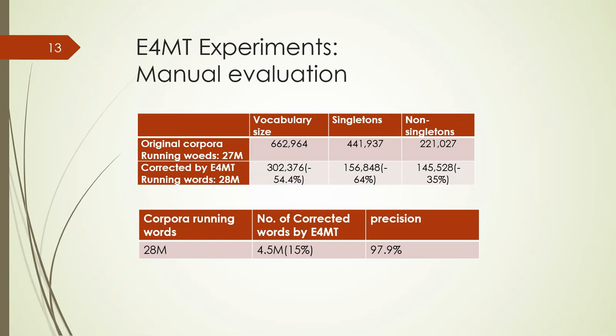E4MT also reduced the vocabulary size by approximately 54% on total running words, 64% on singletons, and 35% on non-singletons.